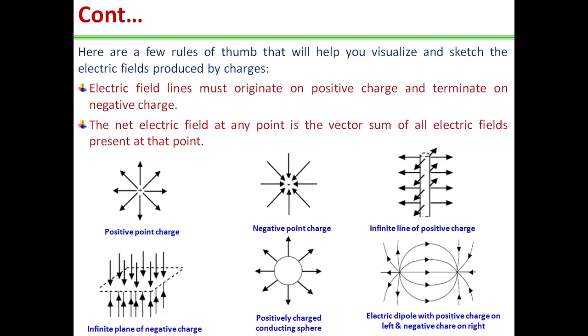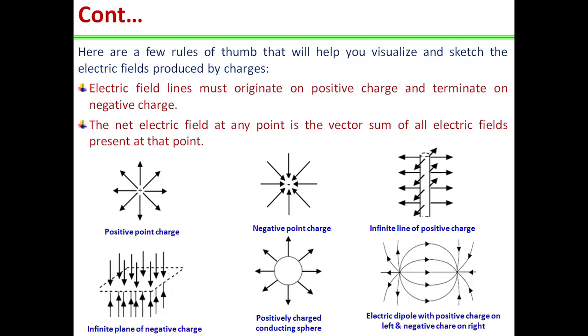Now, to visualize the electric field in the vicinity of a charged object, one can sketch and use either arrows or field lines that point in the direction of the field at each point in space.